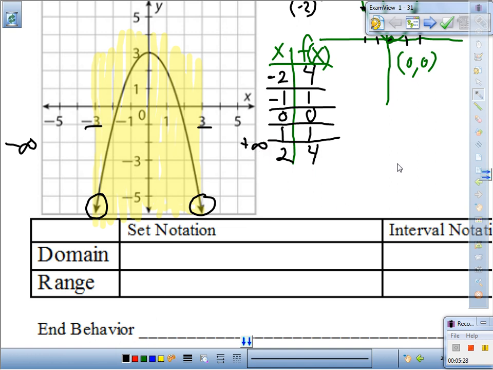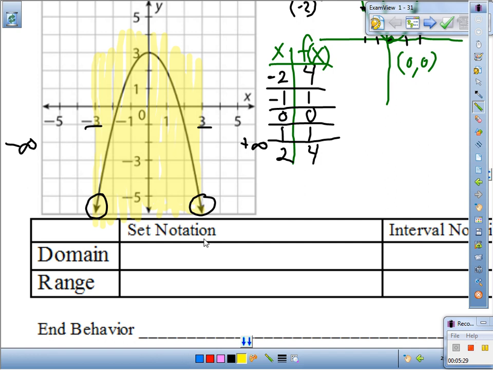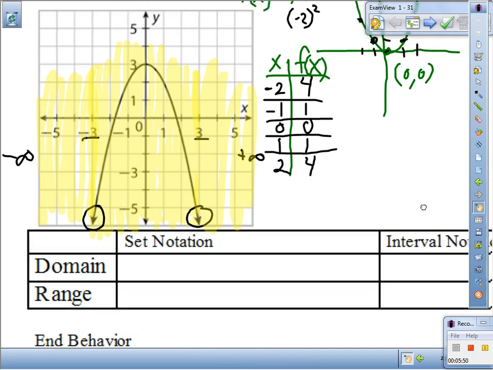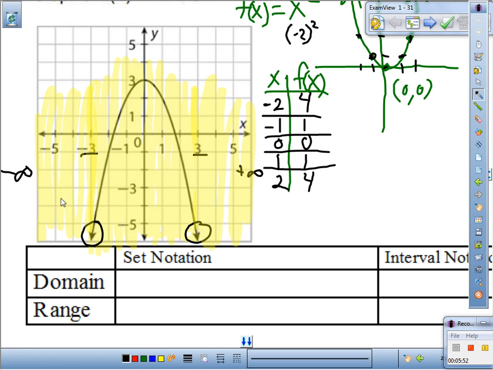And to remember that, make sure when you get to these, you're like, oh, let me continue. Because of the arrow, I need to highlight all the x values. All the x values. There it is. So, let's write that in... It just asked us for set notation? Okay. Well, before that, here we go.